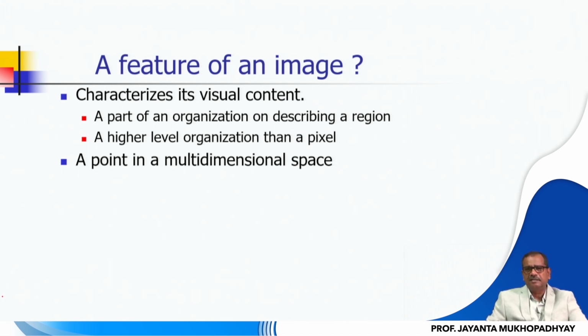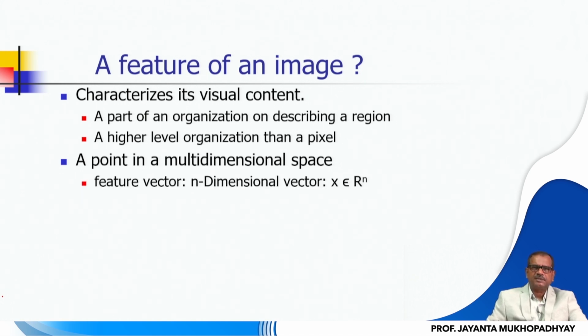In general, in our case, we will simply be considering a local description, or a description of a part, to be mapped to a point in a multidimensional real space. That is what I mentioned. It is in the form of an n-dimensional vector, and we call it a feature vector. So, feature and feature vector are quite synonymous in our context. And as I have shown you, it is a point in an n-dimensional space.